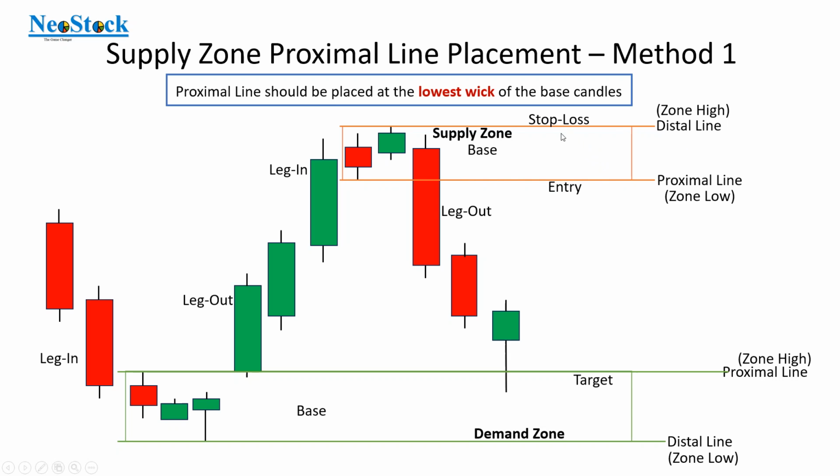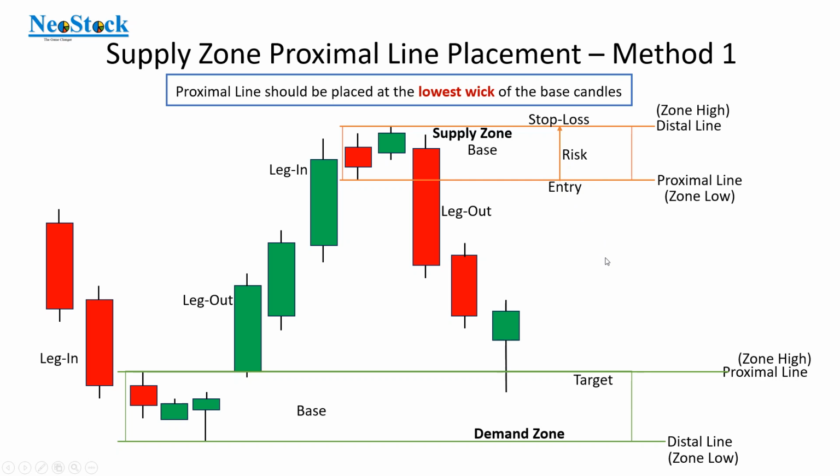And what about the risk? It is the difference of entry and stop loss. So in method 1, the risk will always be maximum. If you want to minimize the risk, you should look for the other methods. But here maximum risk is there.